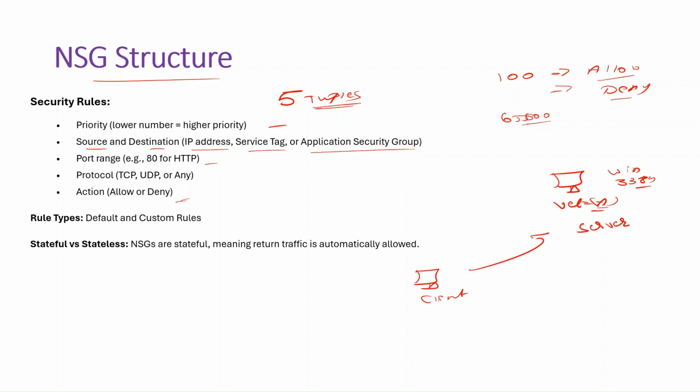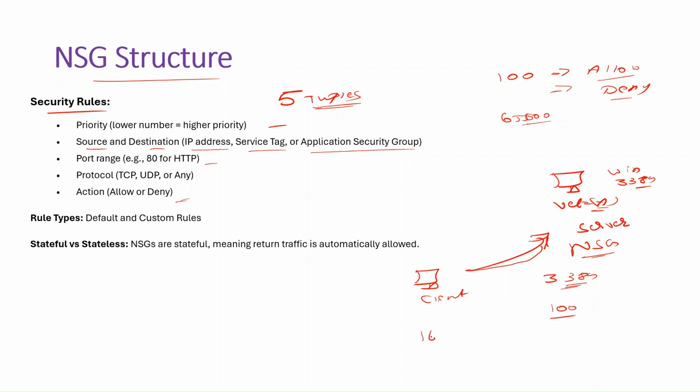The traffic is initiated from my local machine to the cloud server and reaches the network security group. Here it checks the NSG rule whether port 3389 is allowed. While verifying, it validates the 5 tuples: the priority of the rule, consider 100, and where the source is coming from.